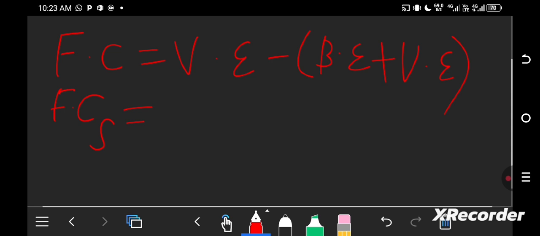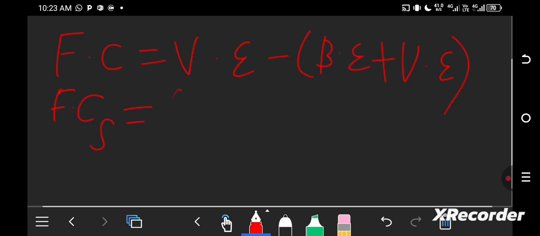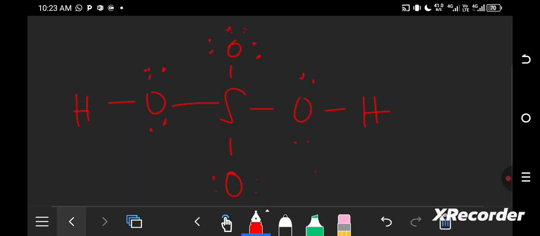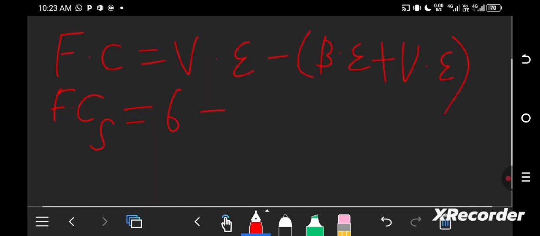What's the valence for sulfur? We'll discover that sulfur is in the same group as oxygen, so the valence for sulfur is 6. Then minus the bonding electrons. How many electrons are involved in bonding when you look at sulfur?